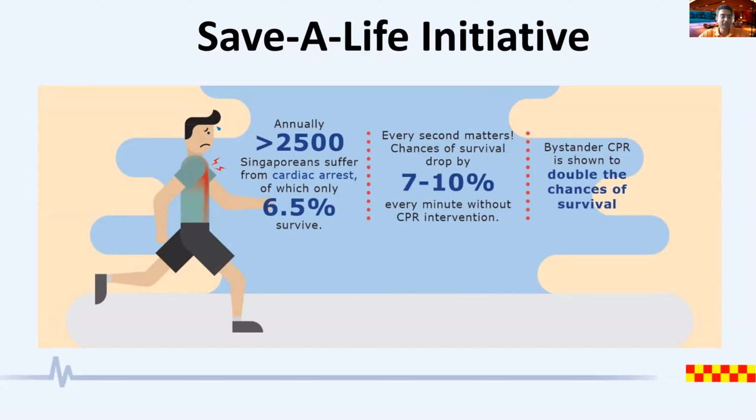It means out of 2,500, only 163 people survived that heart attack. For every minute without CPR intervention, the chances of survival drop by 7 to 10% for the victim. If you happen to be there as a bystander and CPR is done, it shows to double the chances of survival of cardiac arrest victims.